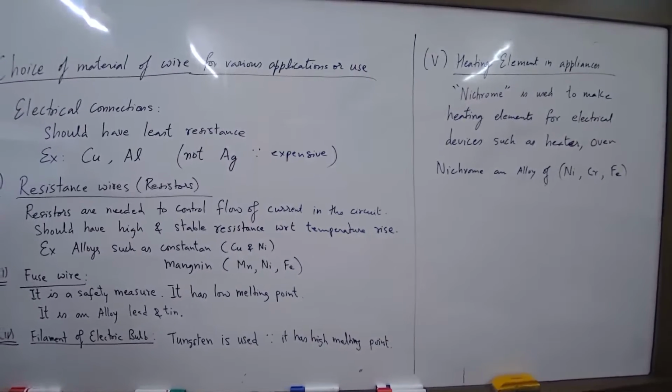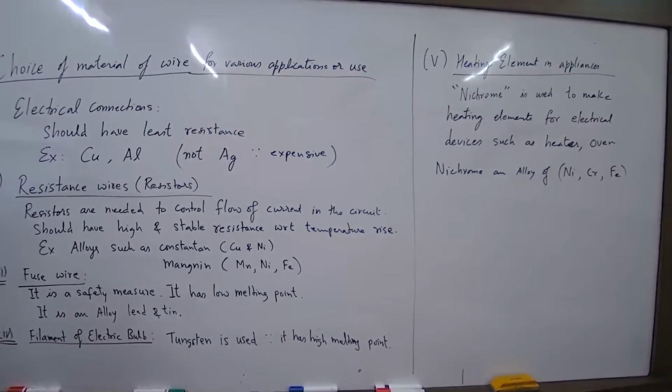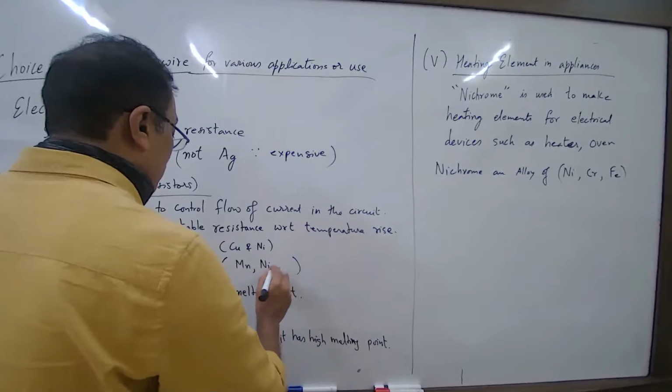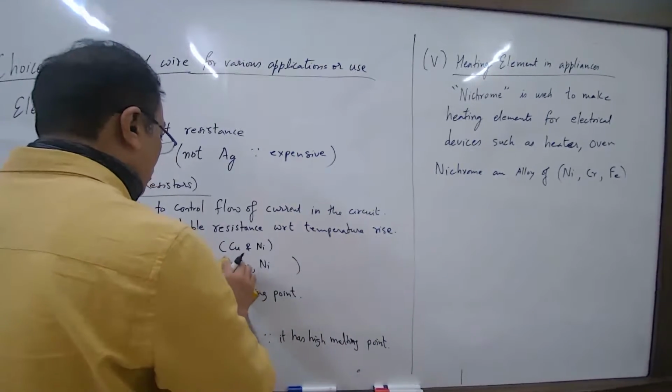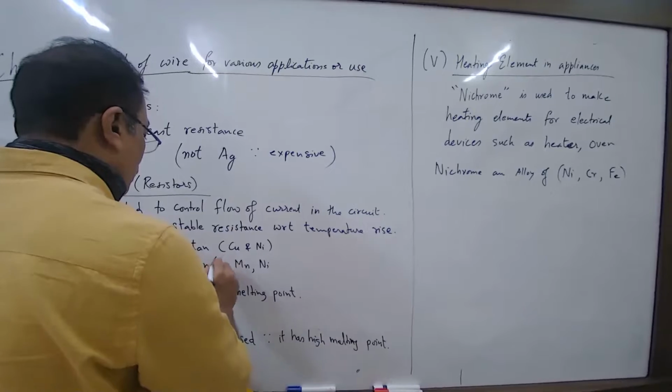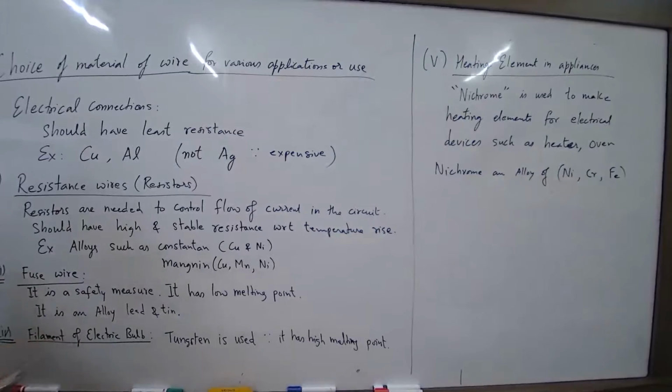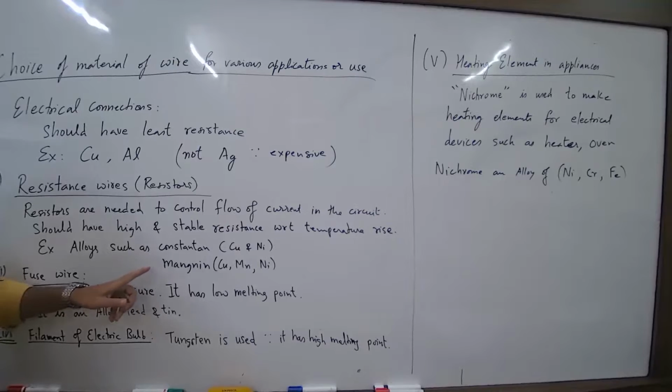It was copper and nickel, and manganin is an alloy of copper, manganese, and nickel, not Fe. Proportion in that order. The one written first has higher proportion. Anyway, the proportion is not expected, nor is the mixture. Just these names you should know: constantan and manganin.